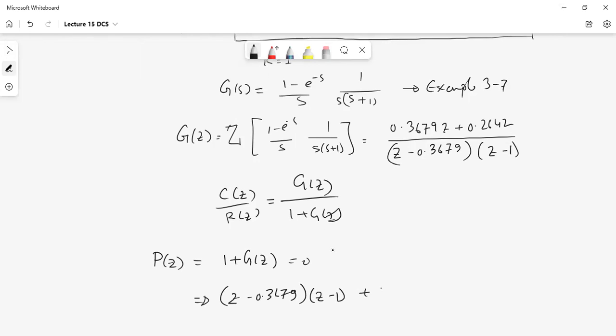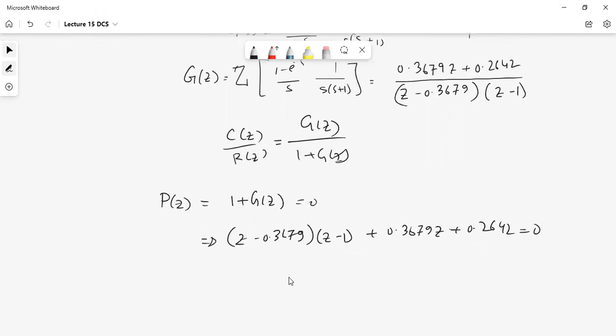plus 0.3679 z plus 0.2642 equal to 0. Okay, if we do a bit of calculation, we are going to find that it gives us z square minus z plus 0.6321 equal to 0.